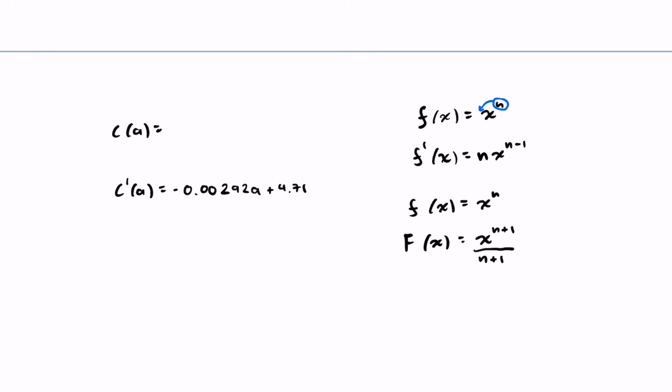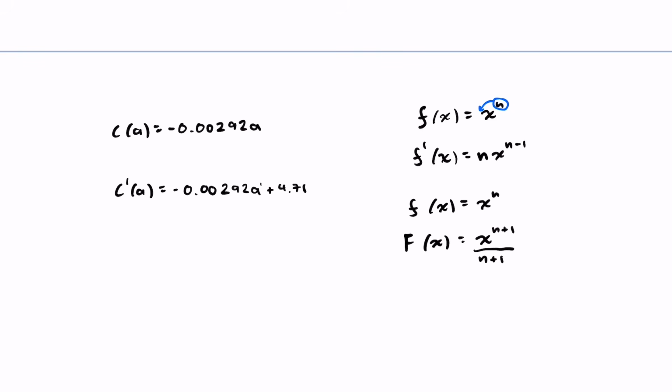And that's it. So let's look at our function, and we'll use this formula, which is given to us in the formula booklet, and we'll find the antiderivative, the original function. Okay, so 0.00292A. By convention, if there's nothing alongside our variable, it's A to the 1.